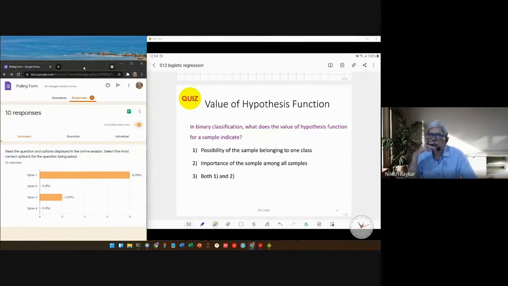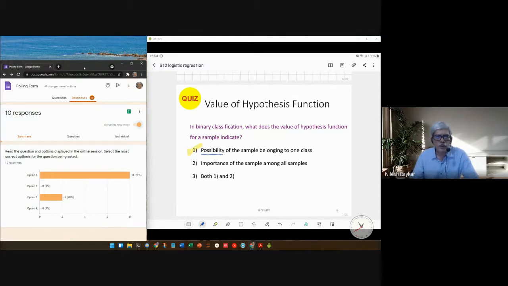Okay, so the correct answer is answer 1. I intentionally did not use the word probability here, otherwise you could have directly linked it to the discussion. The hypothesis function in logistic regression is the probability of the sample belonging to one class, the class whose value is equal to 1.